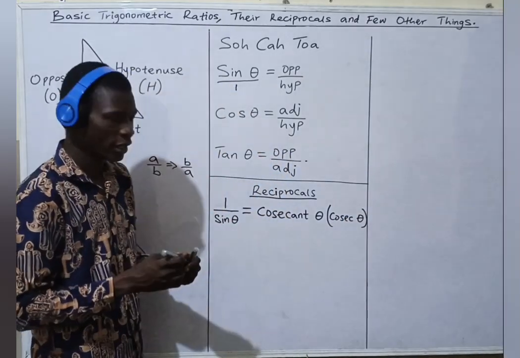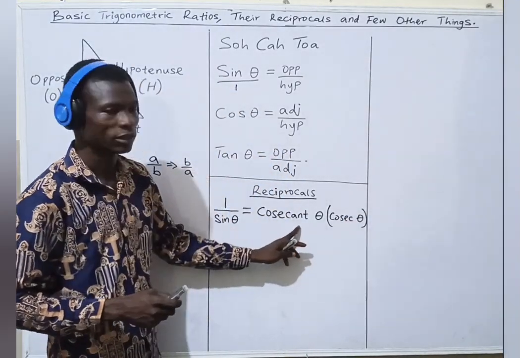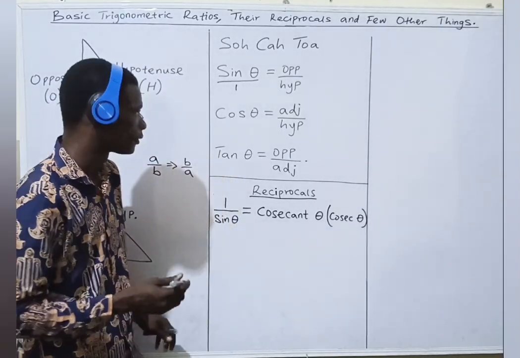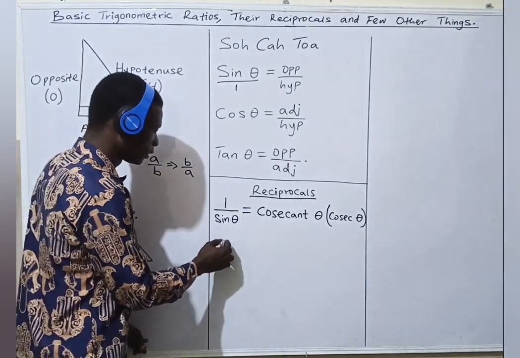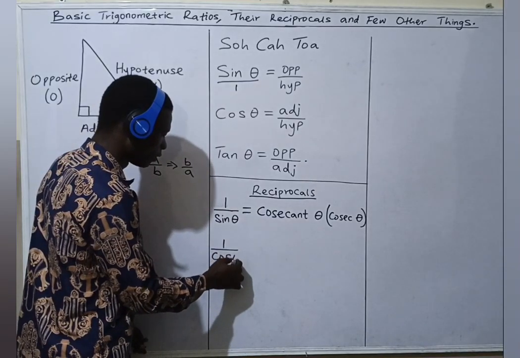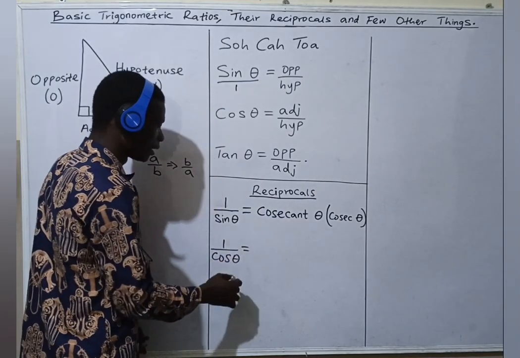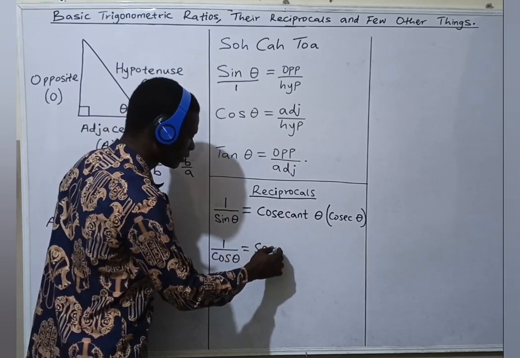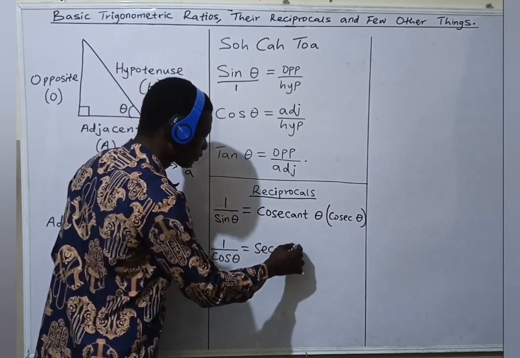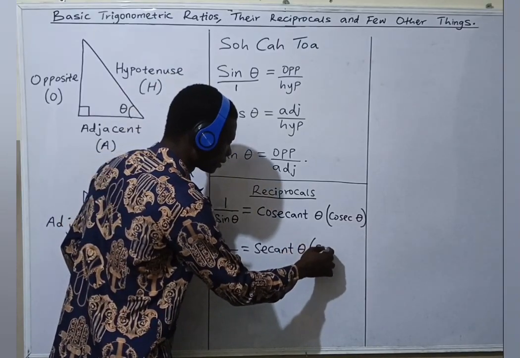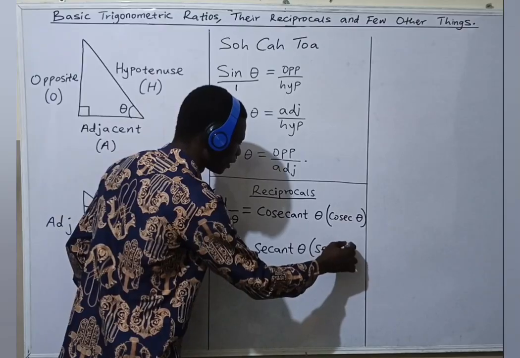The full pronunciation is cosecant theta, but it is shortened as cosec theta. The next is the reciprocal of cos theta. The reciprocal of cos theta is 1 over cos theta, and 1 over cos theta is called secant theta, shortened as sec theta.